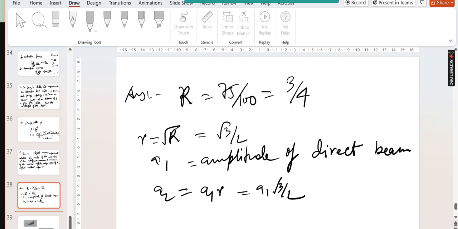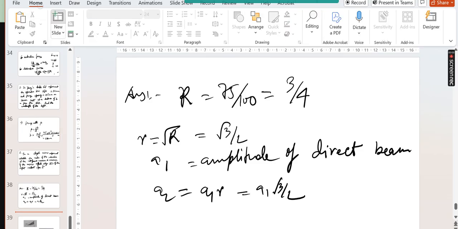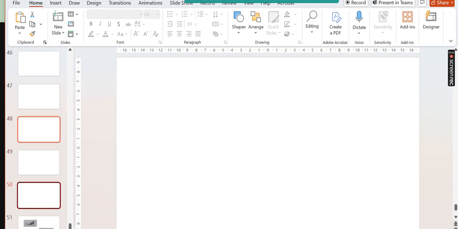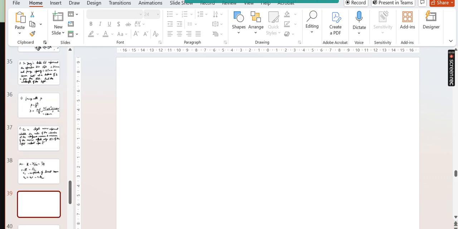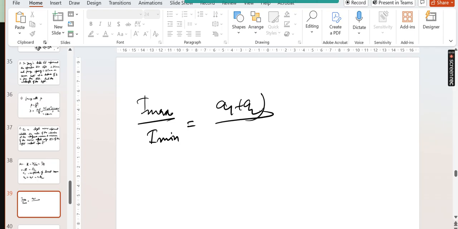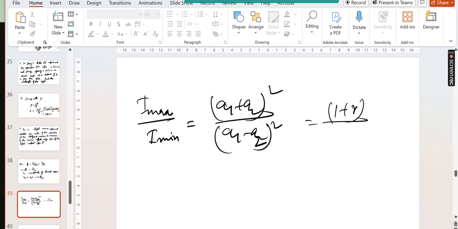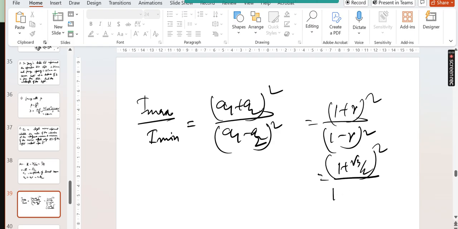So I maximum will be proportional to A1 plus A2 whole square, and I minimum to A1 minus A2 whole square, which is 1 plus root R whole square by 1 minus root R whole square, which is 1 plus root 3 by 2 whole square by 1 minus root 3 by 2 whole square.